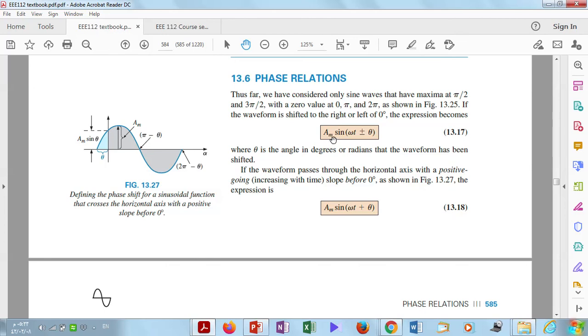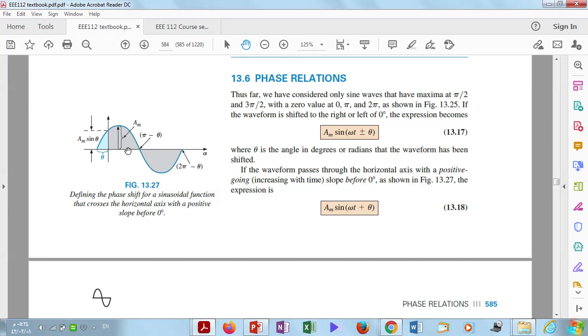Em sine omega t, this is what we wrote before. But what if the waveform does not start from 0, but starts from minus 10, minus 20, minus 40, or plus 5, plus 20, plus 60, any value?